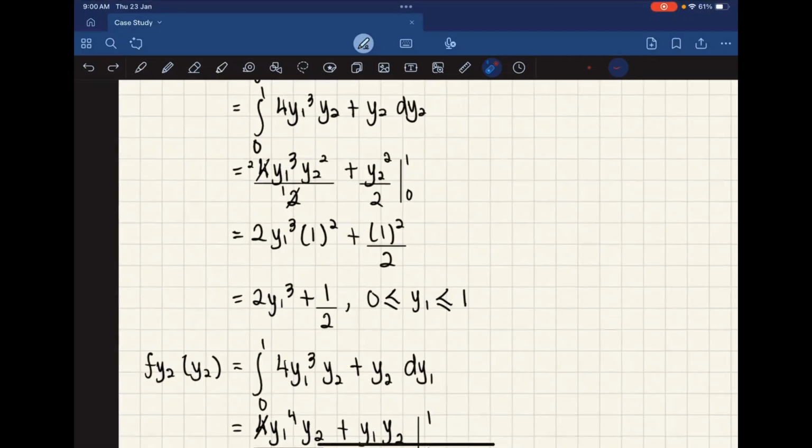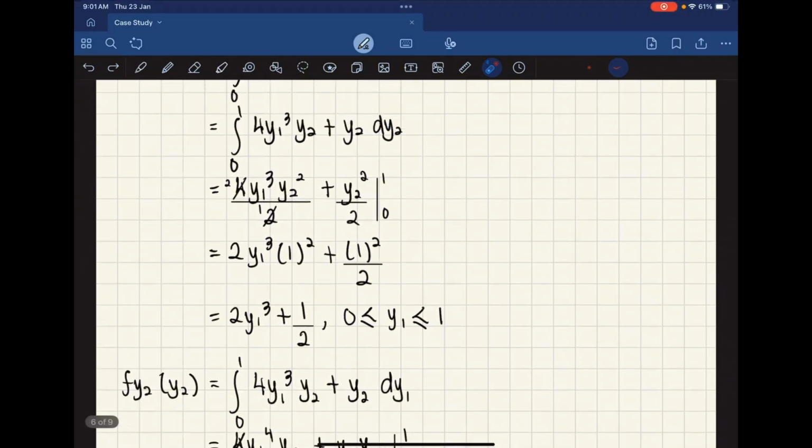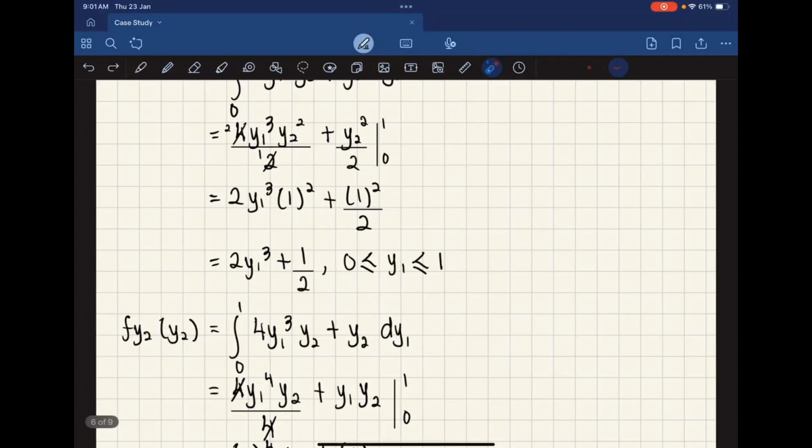For the question B, we need to find the marginal density function of y1 and y2. First, we need to find the marginal density function of y1. So fy1 y1 equal to integrate 0 to k for y1 cube y2 plus y2 dy2, and we get the answer is 2y1 cube plus 1 over 2, 0 less than or equal to y1 less than or equal to 1.